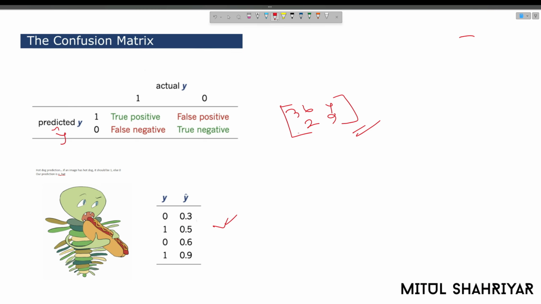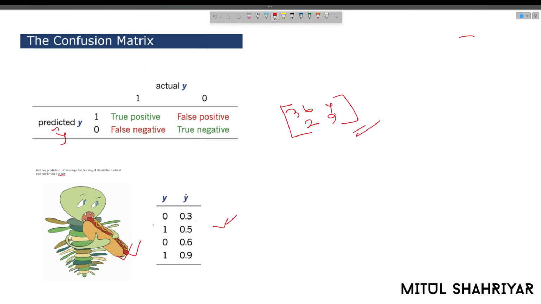Now let's give another example. Assume that this person or this cartoon has a hot dog in hand. Now we have to detect if this is a hot dog or not.